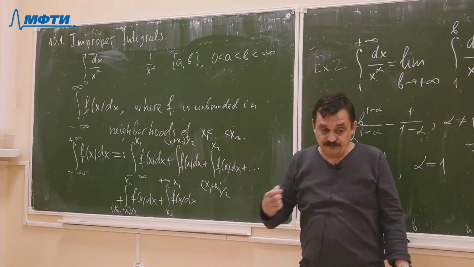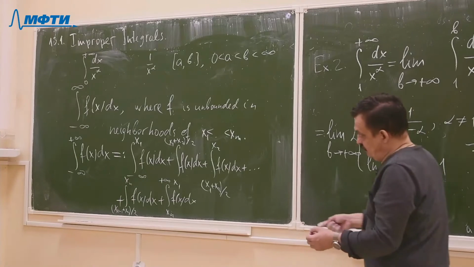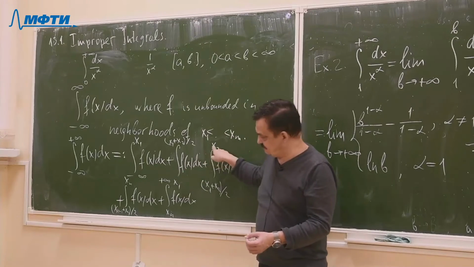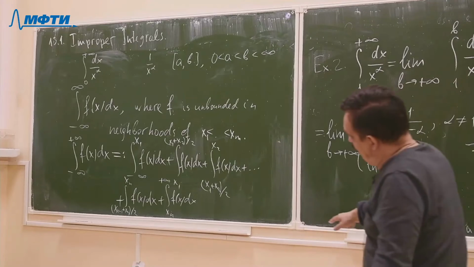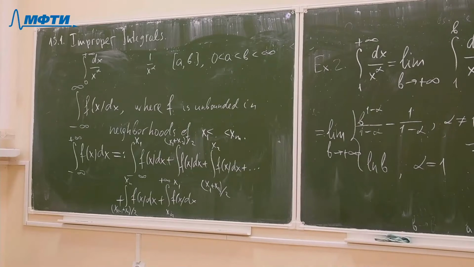So you see, what do improper integrals mean in general? We look at our function and try to understand where it is unbounded, where it has problems, right? Then we have to consider separately each of those points from each side. So every term here contains only one problem.